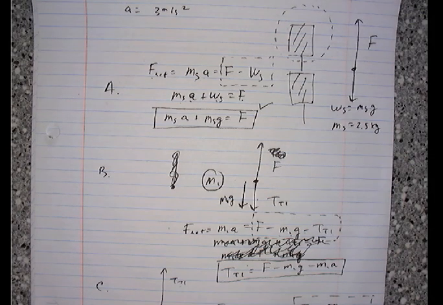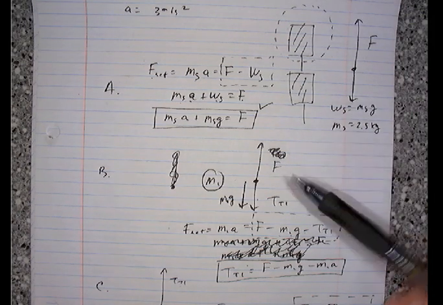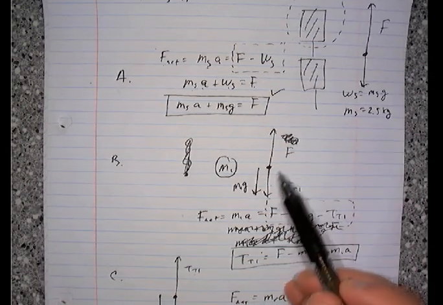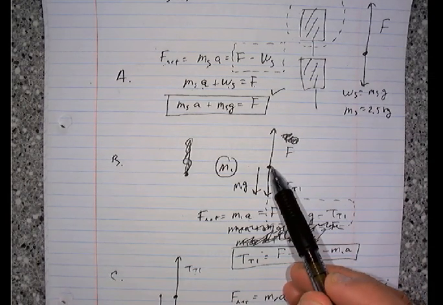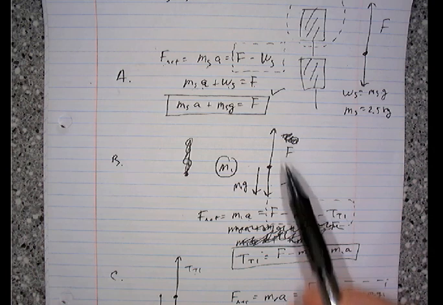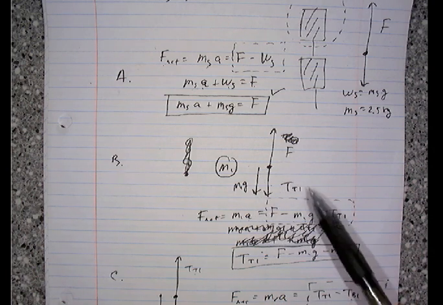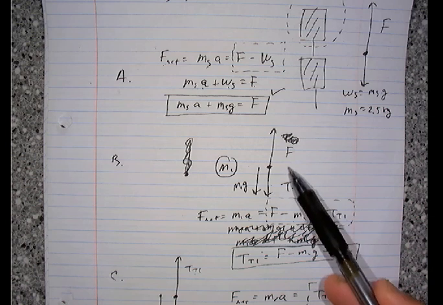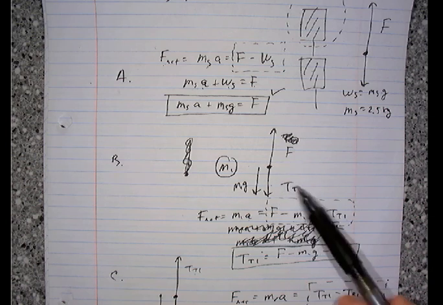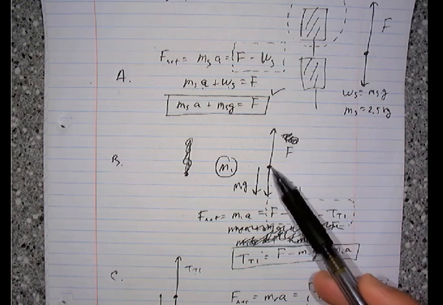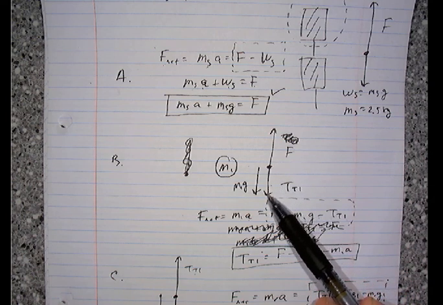But when you just look at the free body diagram of mass 1, here's what we have. So we've got this outside force F lifting up. We've got M1 g pulling down. And then the rope, tension always pulls away from the object. So we've got tension at the top of rope 1 here pulling down.